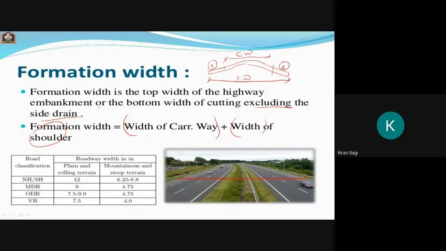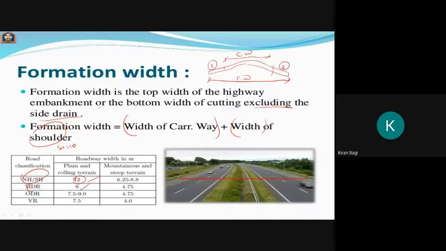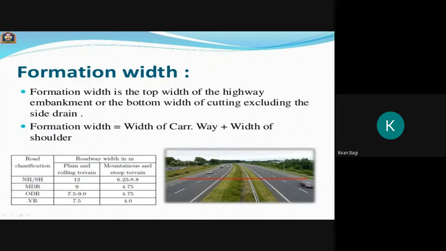And this is most important, just remember this. For national highway, the formation width will be around 12 meters. For a state highway, it will be 10 meters. Major district road it is 9 meters. Other district roads range from 7 to 9 meters, and village roads it is 7.5 meters. Another important thing is that this 7.5 is only for a single lane road.